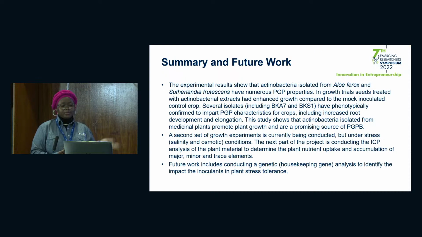And the next part of the project is to use the plant material to conduct an ICP analysis to determine the plant nutrient uptake and accumulation of major, minor, and trace elements. And the future work includes conducting a genetic analysis to identify the impact of the inoculants on plant stress tolerance.